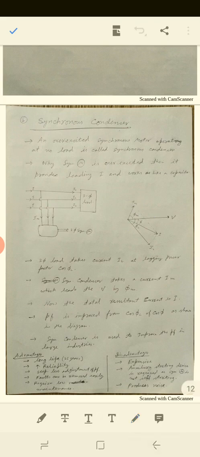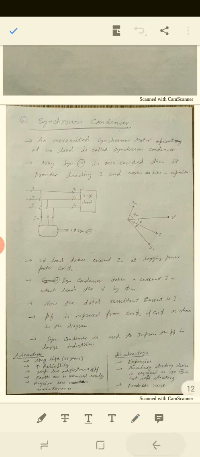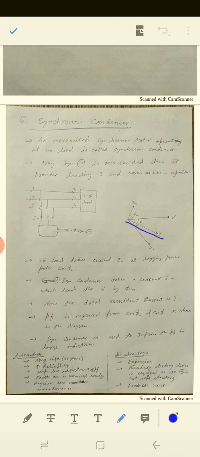Now the net current, that is the total current I, will be the phasor sum of IL and Im. We know that the power factor is determined by the angle between voltage and current.